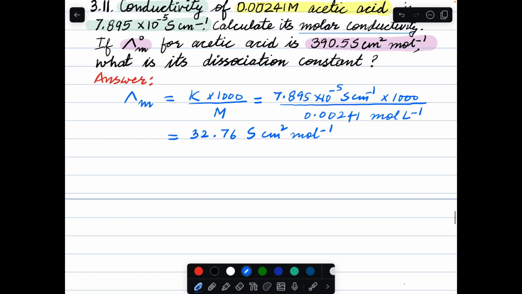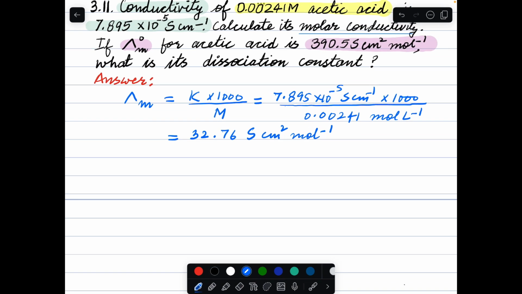Now here acetic acid is a weak electrolyte. So for a weak electrolyte, we will write down the degree of dissociation, that is alpha. Degree of dissociation, or alpha, for a weak electrolyte is equal to the molar conductivity at the given concentration divided by the molar conductivity at infinite dilution, or the limiting value of the molar conductivity.